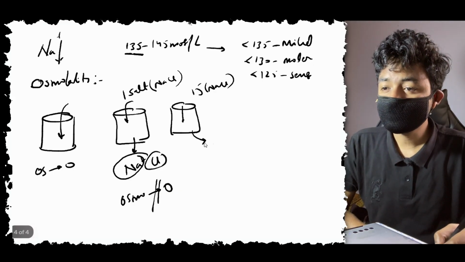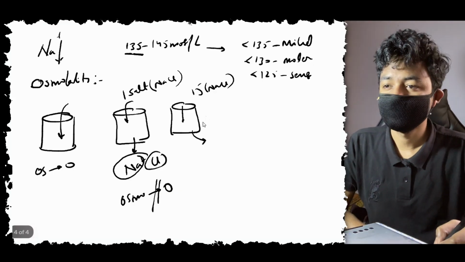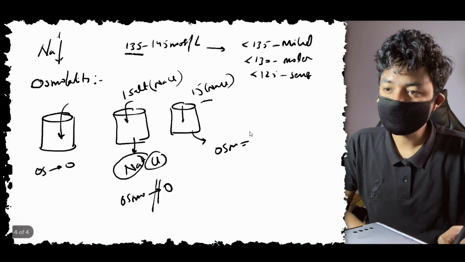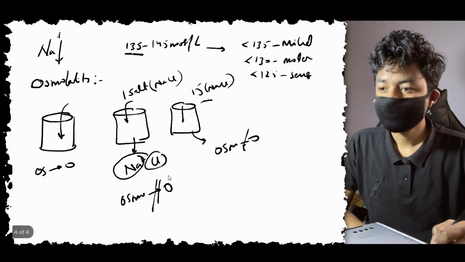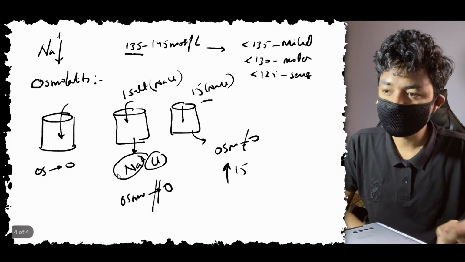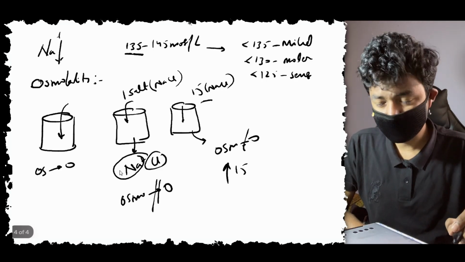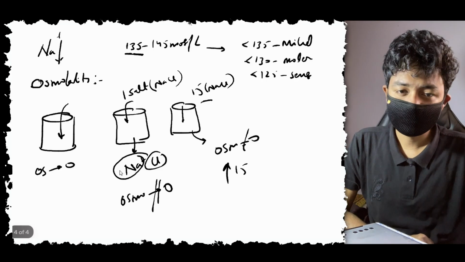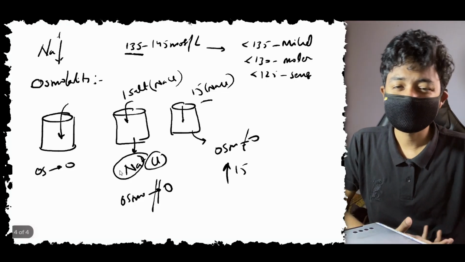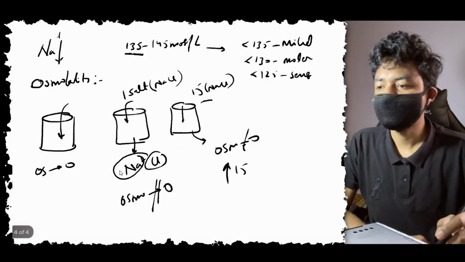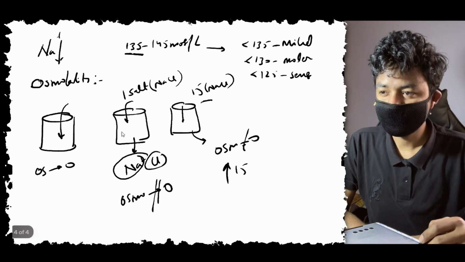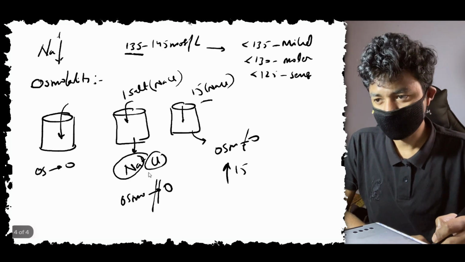What about in this case? We have 15 spoons of sodium chloride. That means osmolality is obviously not equal to 0, but it is 15 times more than this one, right? So now we understood what osmolality is. Fresh water, 0 solutes, 0 osmolality. Some solute, not 0.